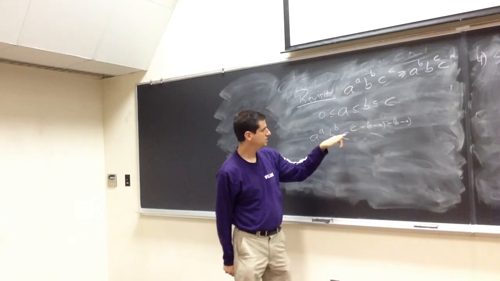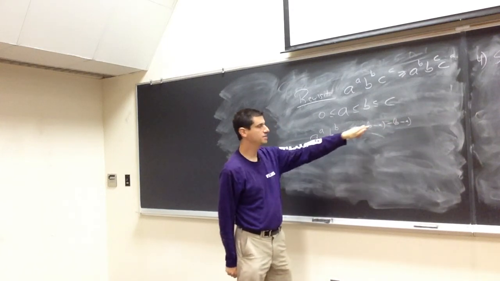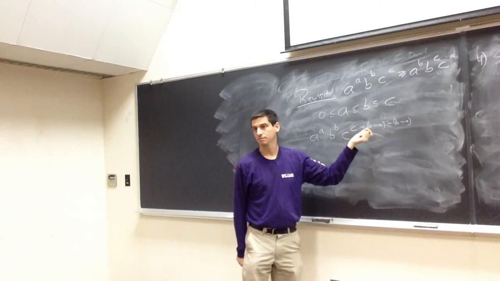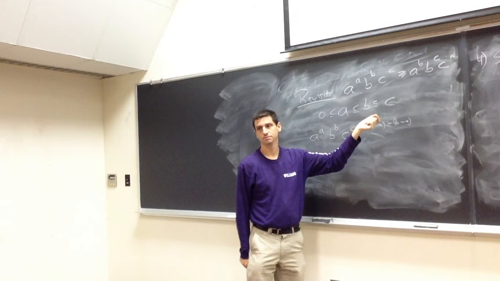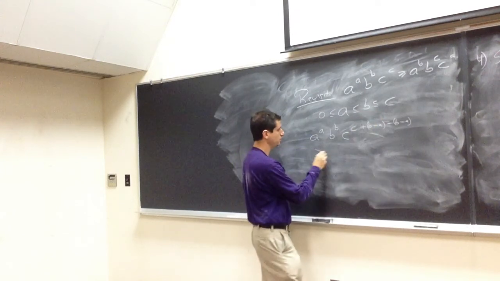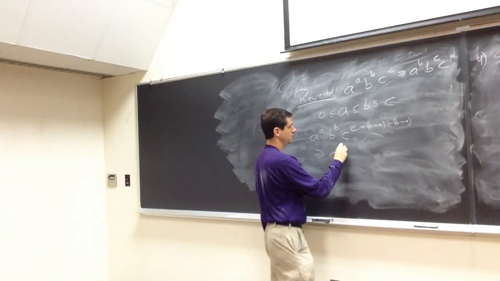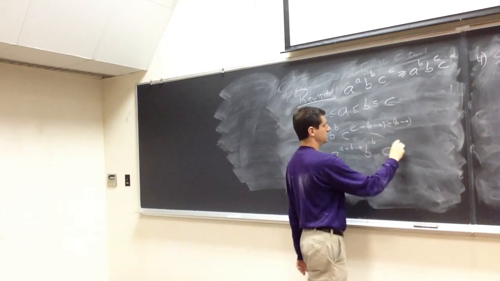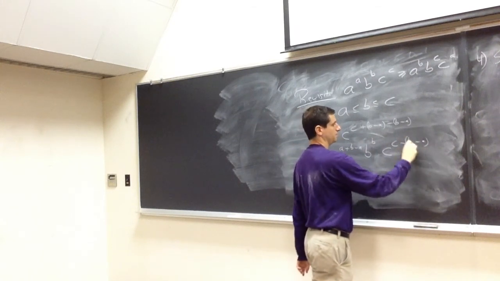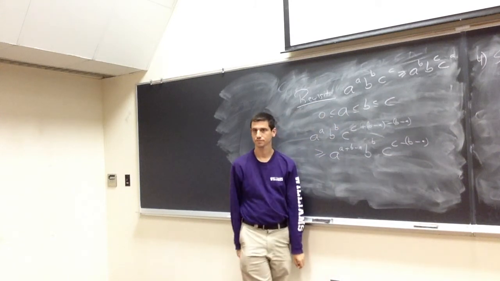But if I now replace the c to the b minus a with an a to the b minus a, I've gone down as long as a is not equal to c. And so this would then be greater than or equal to a to the a plus b minus a, b to the b, c to the c minus b minus a. Right?